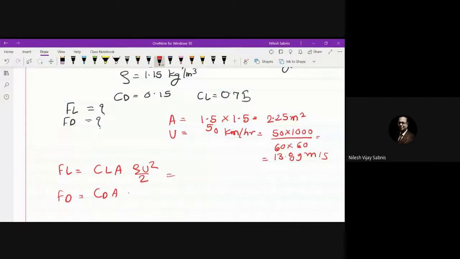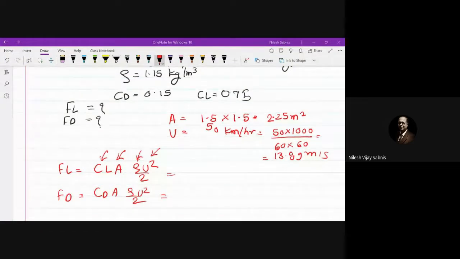CD A rho u square by 2. All the things are there. CL is given. Area is also we have found. Rho is also there. U square you can find. And tell me the answer if anyone is doing. Let me know the answer.